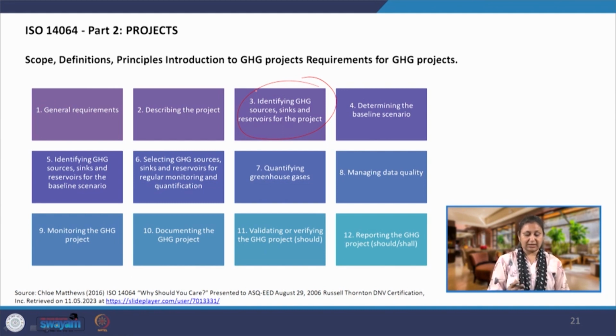And then we select these sources, sinks and reservoirs for regular monitoring and quantification. So, whenever a project is going to be undertaken, we are going to be assessing and monitoring it for a continuous period. So, every year or every few years there will be reporting, and what we have already identified as a baseline scenario and what we have already identified as a source or sink for the project will continue to be monitored for this entire duration.